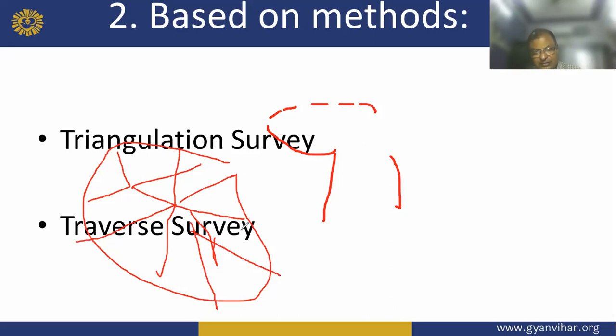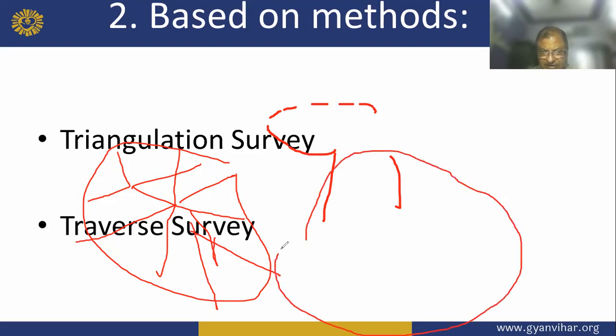And in traversing survey, you start and reach the same point. Traverse survey can be prepared with any instrument, but triangulation mostly uses the theodolite.